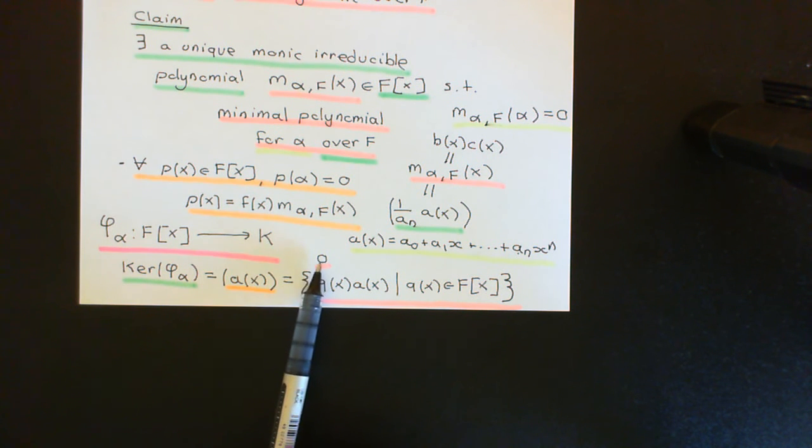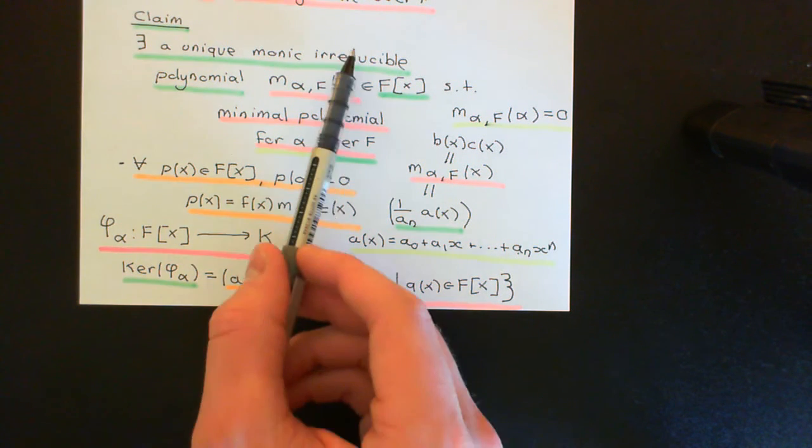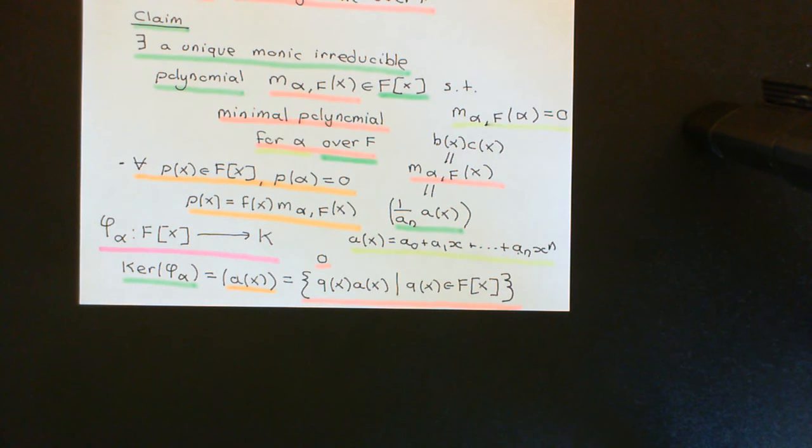Well, firstly, the zero polynomial. The zero polynomial isn't irreducible. You can't apply the definition of reducible and irreducible to the zero polynomial because it's the additive identity. Reducible and irreducible only apply to non-zero, non-unit elements of the ring.